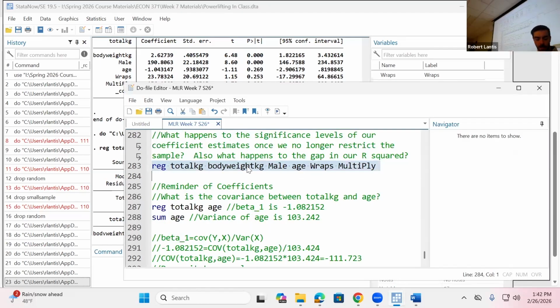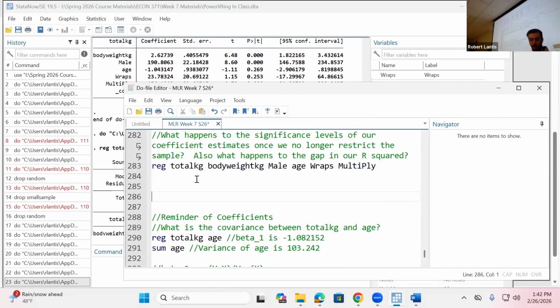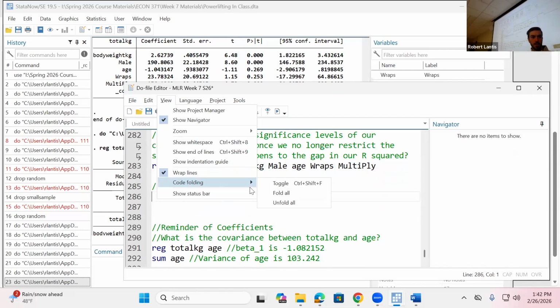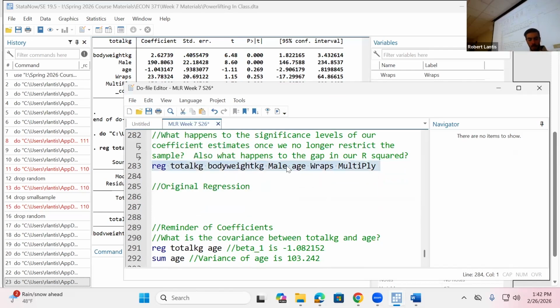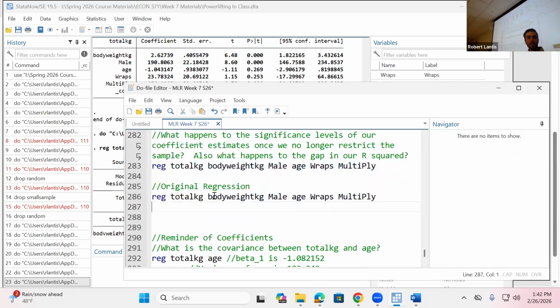So let's say instead, and once again, I wouldn't expect you to necessarily know this, instead of trying to predict total weight lifted, let's say here I'm trying to predict whether or not the individual was male, okay?